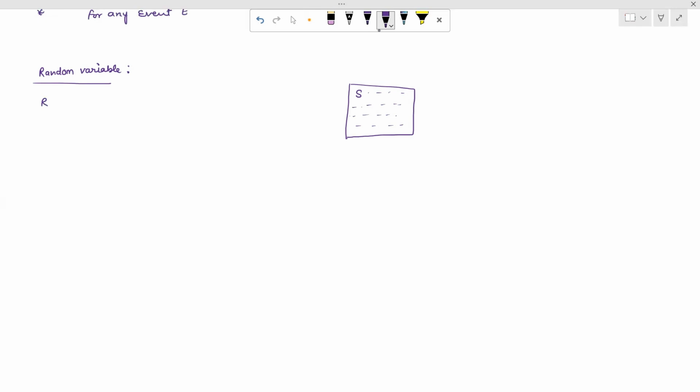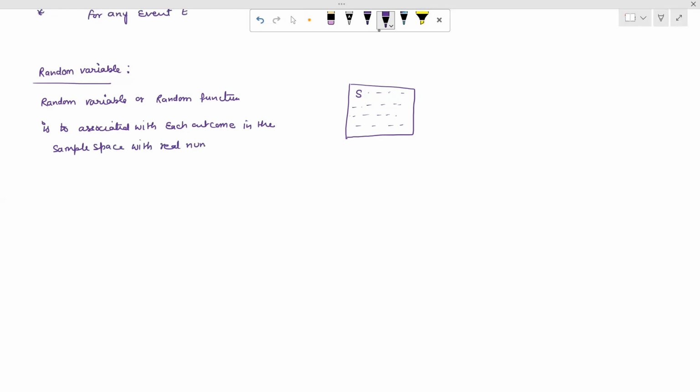Now we define a random variable, or we can say a random function, is to associate each outcome in the sample space with a real number.